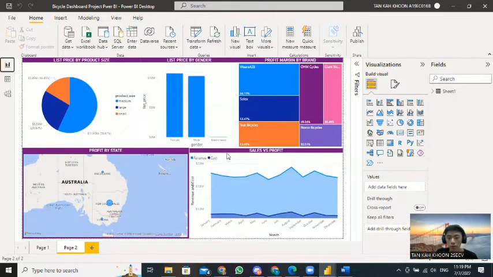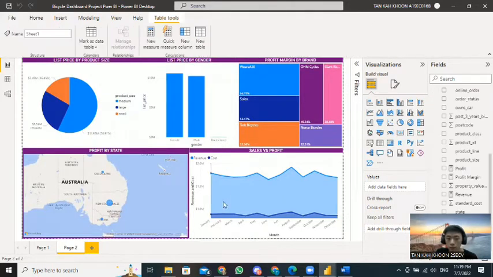There will also be 10 domains used: list price, product size, gender, profit margin, brand, profit, state, revenue, cost, and the transaction date, which is the month that will be used in the sales vs profit graph.